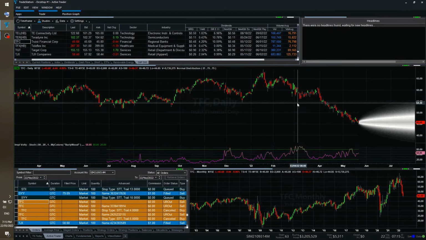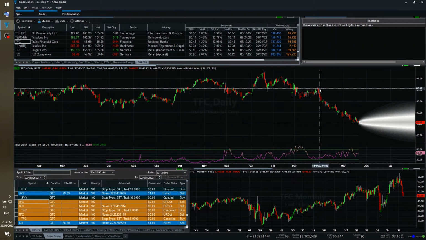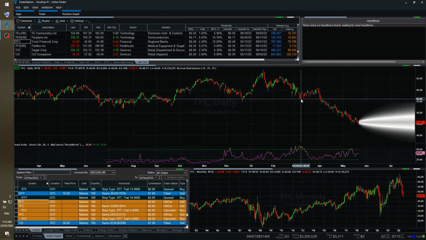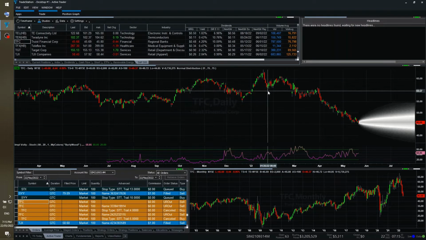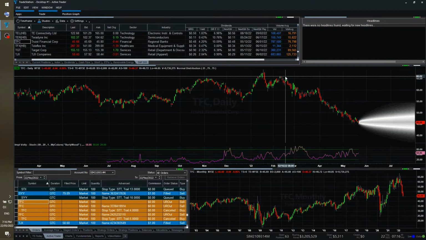Let's have a look at the price chart of this stock to see the difference between the low price and the high price. So we can start from here. At this point, the lowest price is $60 ish, and when it goes up it's like $66.